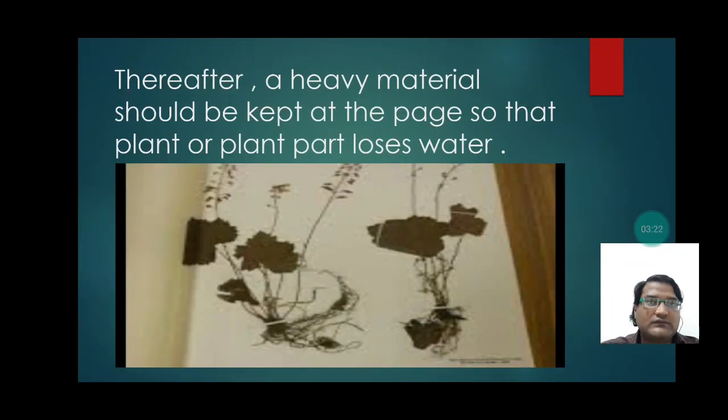Thereafter, a heavy material should be kept at the page so that plant or plant part loses water.